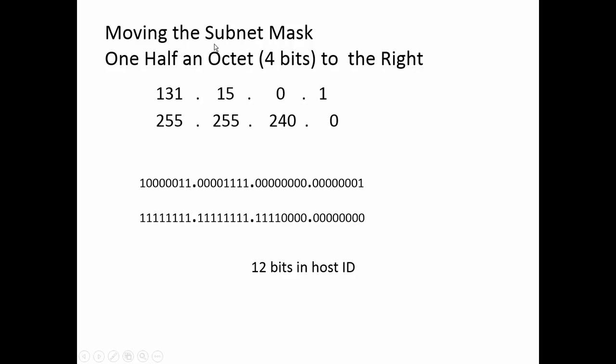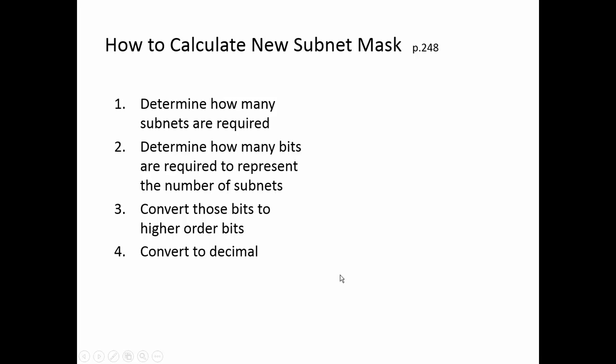So moving the subnet mask only 4 bits to the right does give us 4 bits for assigning subnet identifier, but it still leaves 8 bits for host ID. Page 248 addresses how to calculate a new subnet mask.